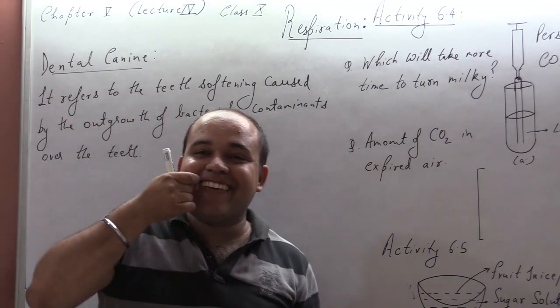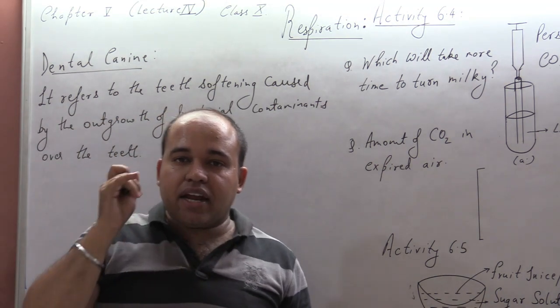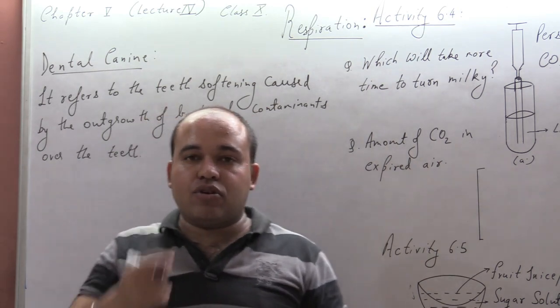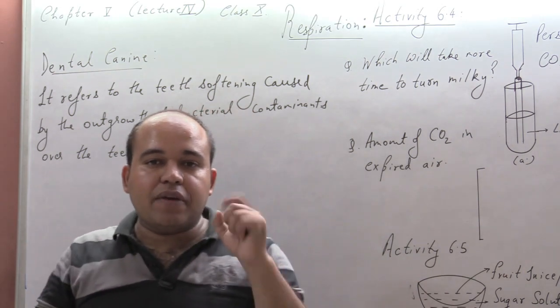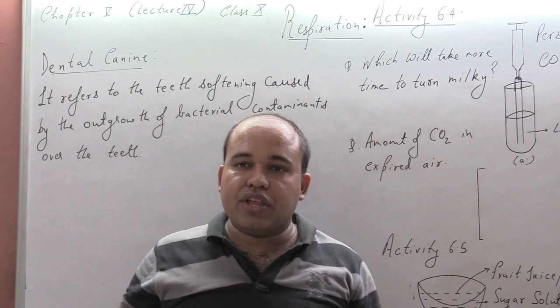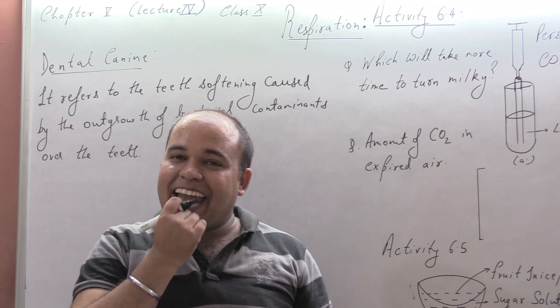Teeth contain the bacterial contaminants, and that can be visualized under the microscope. You just remove the teeth tartar and visualize it under the microscope. You will be able to visualize clearly the microorganisms which are associated with your teeth.